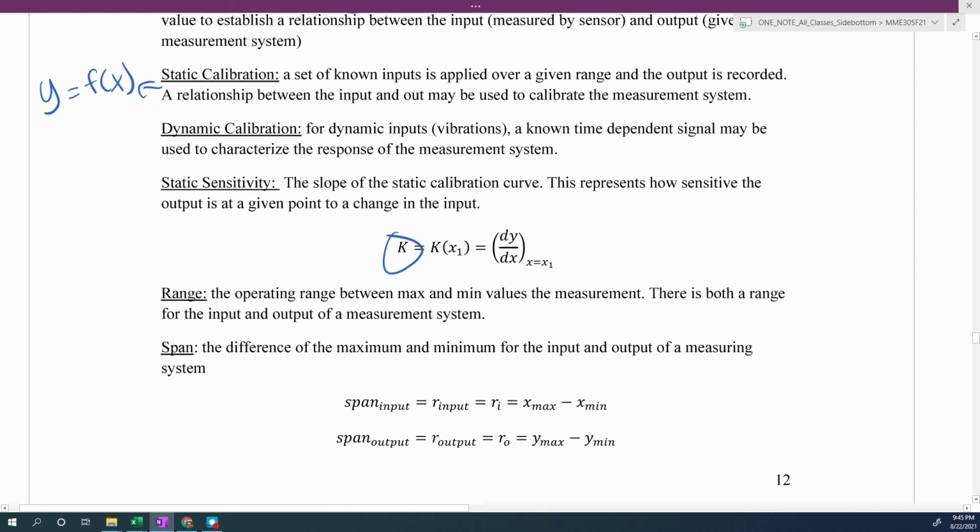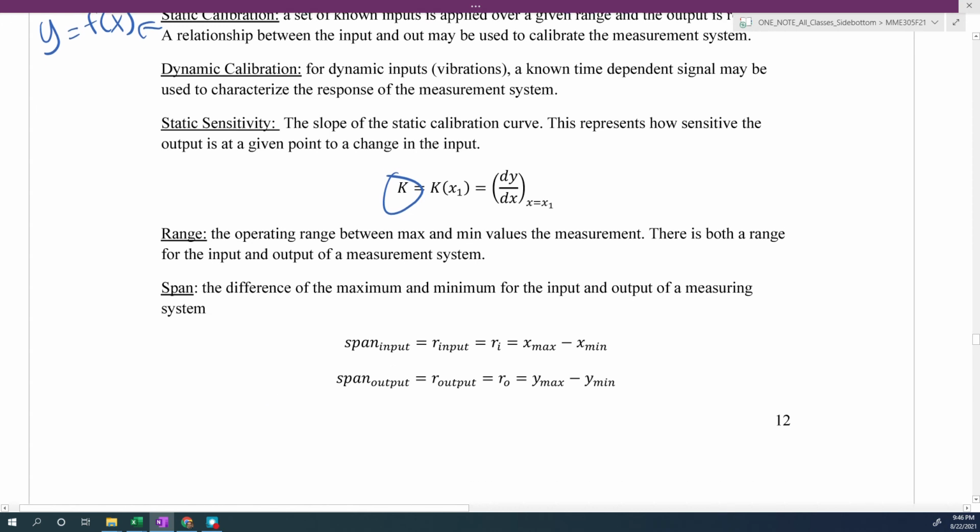If you have a scale, for example, the input into the scale is the force being applied. There's a minimum force typically required to get any type of reading, and then there's also a maximum going into the system. The output also has a minimum value and a maximum value.